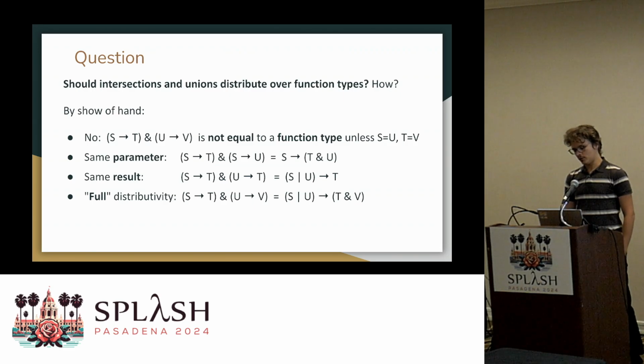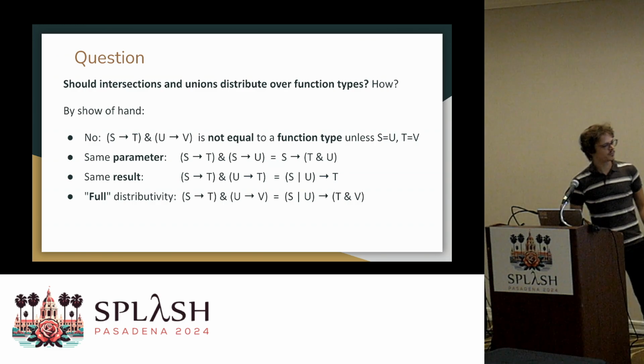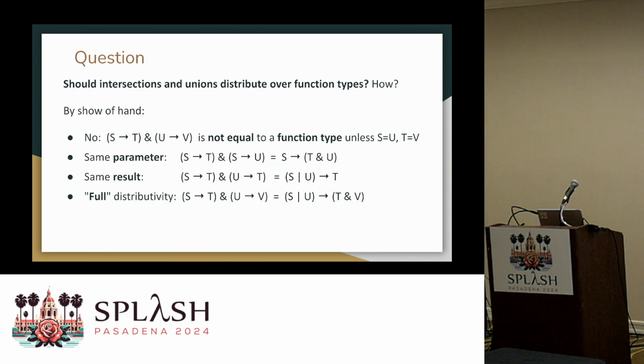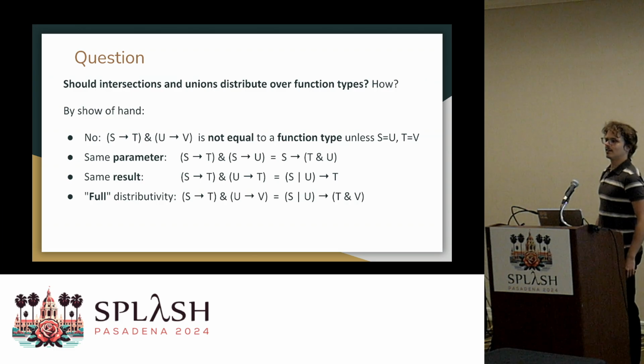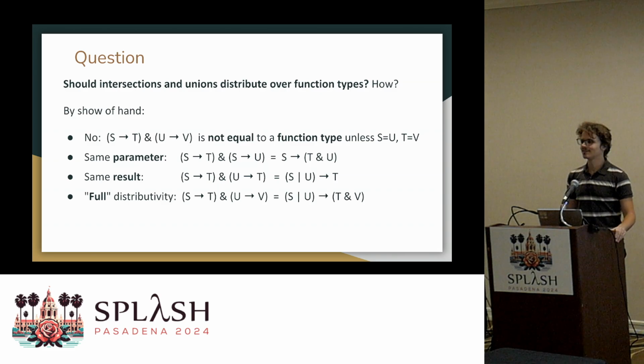That's if you have arbitrary types in the two function types, you can actually distribute the intersection into a union on the left and an intersection on the right. That's weird. Who thinks that can be done? Nobody? I think it can be done, okay.